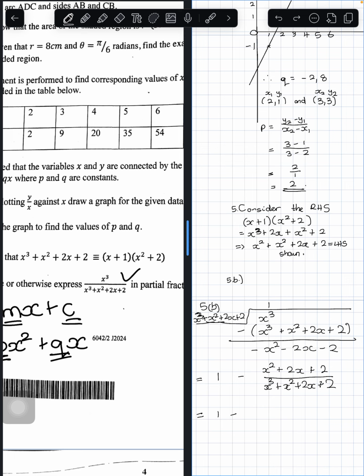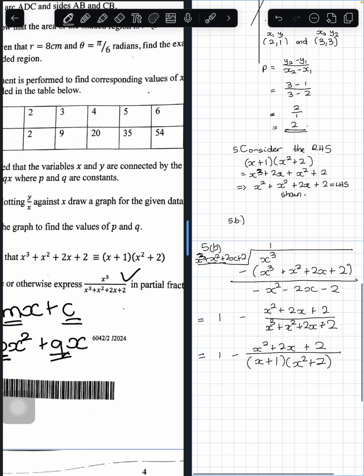The one on top will come down as it is, x squared plus 2x plus 2, and over, the denominator will come down as x plus 1 being multiplied by x squared plus 2. I hope that one is clear.